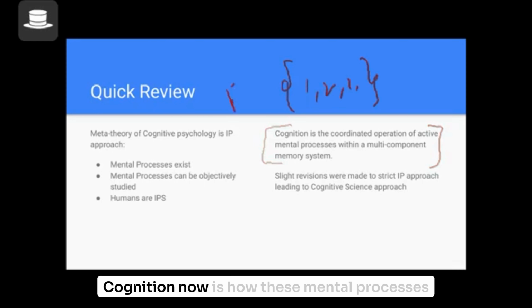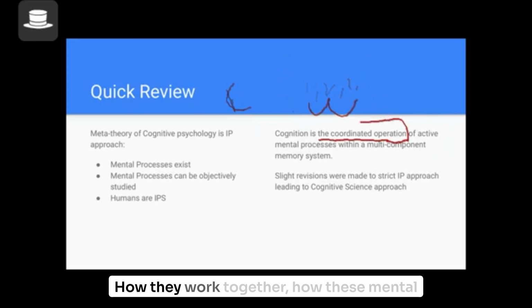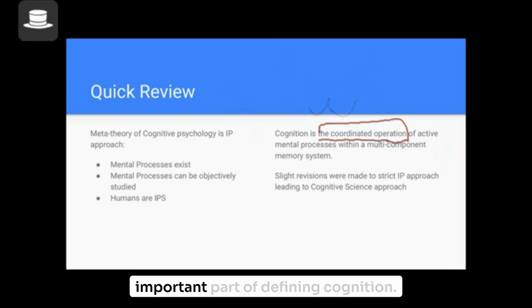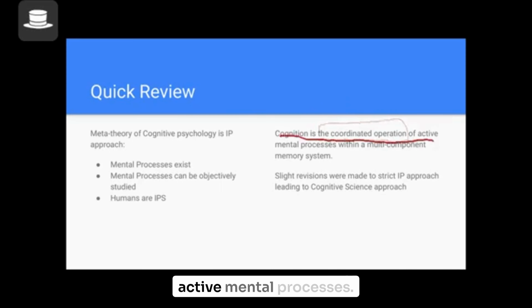Cognition now is how these mental processes work together. So cognition is now defined as the coordinated operation of active mental processes. That's the more important part of defining cognition.